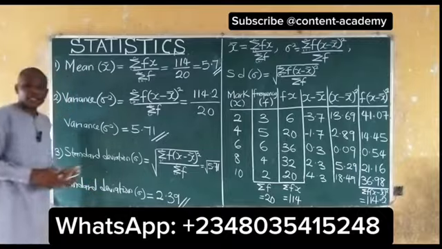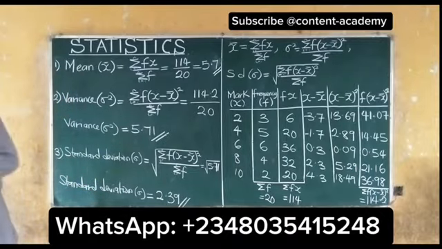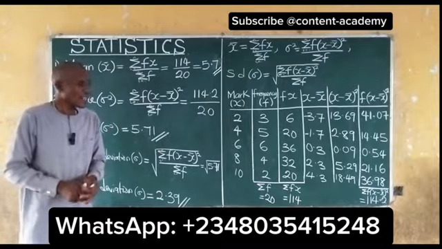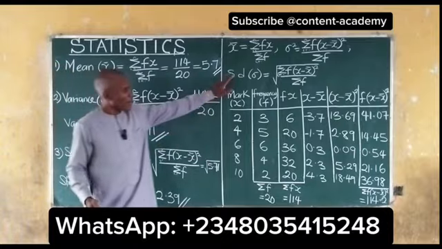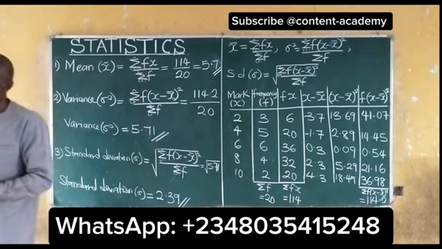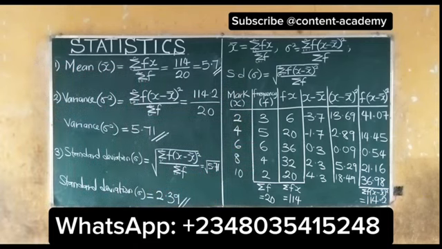So this becomes our standard deviation. Yes, this is how we can calculate the mean, the variance, and the standard deviation when we apply what we have just written here. This is how to compute it. We will also take yet another question on this.